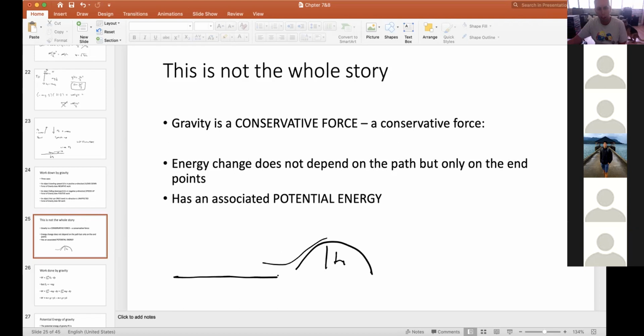And let me do this. How much work was done going up to the top? mgh. That's how much energy you required to go up to the top. Force times the distance. We would actually say that the work is negative because mg is down and h is positive up. So it cost energy to go up to the top of the hill.